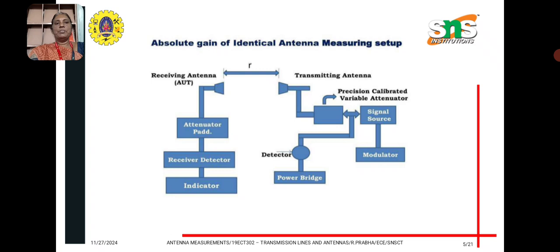With the receiving antenna, an attenuator pad is available and the receiver detector indicator is there. And at the right side with the transmitting antenna, we have the attenuation variation, the calibrated attenuator, and the modulation process and detector.